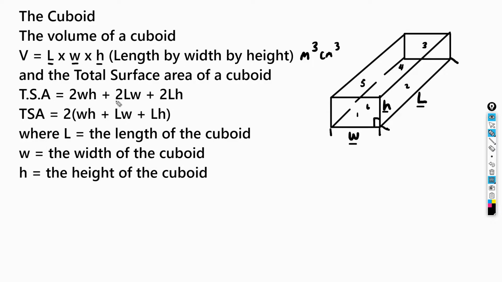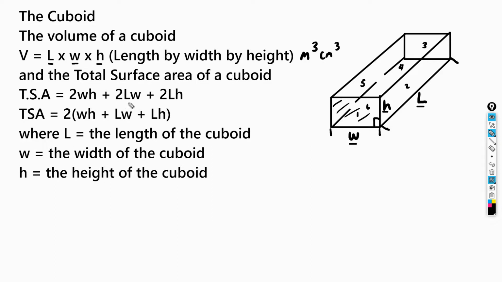And the total surface area of the cuboid, as we know, is just the area of the surface, the area of the 6 faces that we can see on the cuboid. And it would be 2 times the width times the height, right? The width times the height would be this area, this first area here.